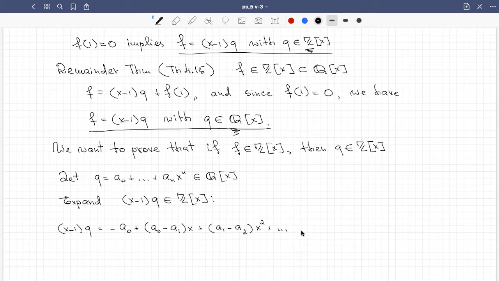And so further until the last terms. So let us see what the last terms are.